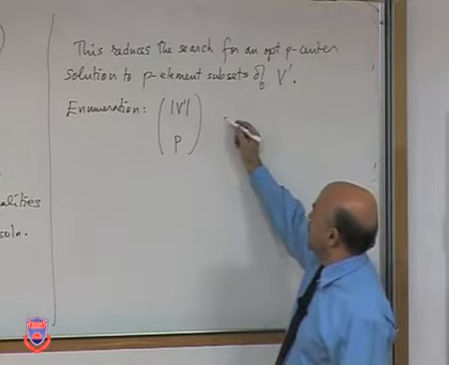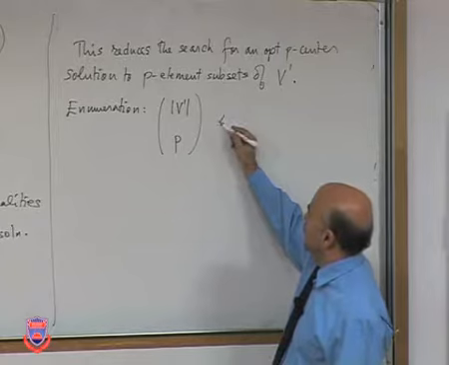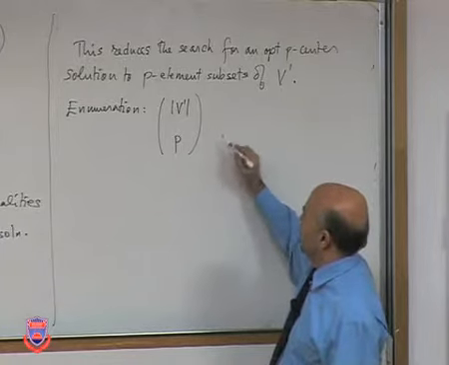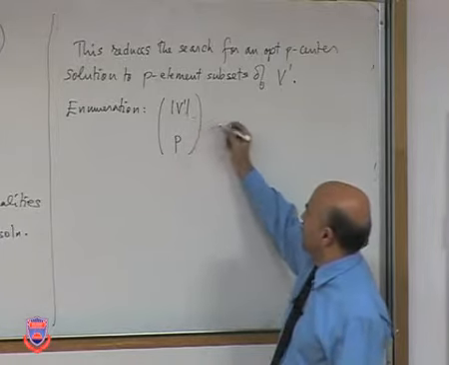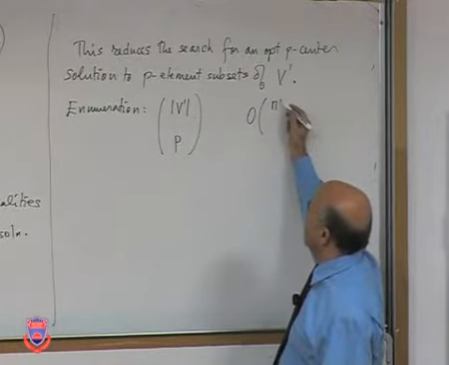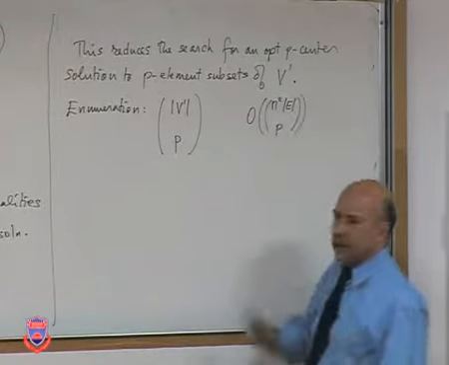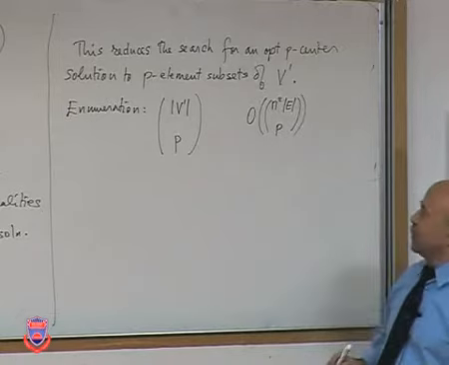Now, this is, of course, how much? Well, it's in the order of, we had how much here? N squared elements, and we're talking about choosing p elements out of that. That's quite a large number.